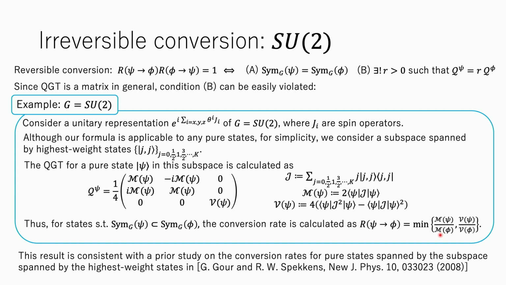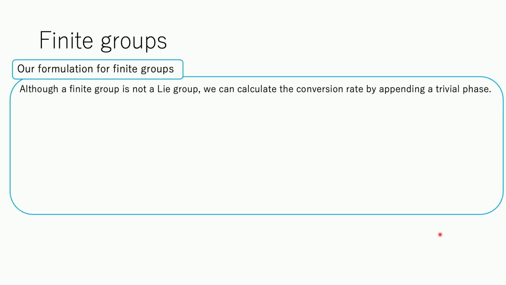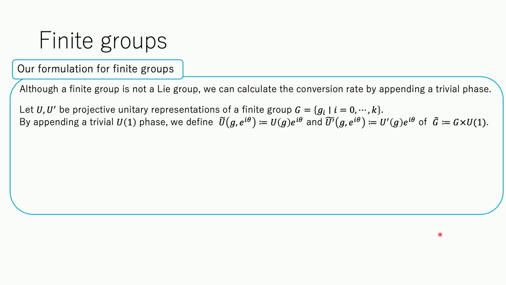Okay, so finally, let me comment on finite groups. Although a finite group itself is not a Lie group, we can calculate the conversion rate by appending a trivial phase. To explain more, we fix projective unitary representations U and U' of a finite group, and we append a trivial U(1) phase and define Ũ and Ũ', which are representations of G̃.